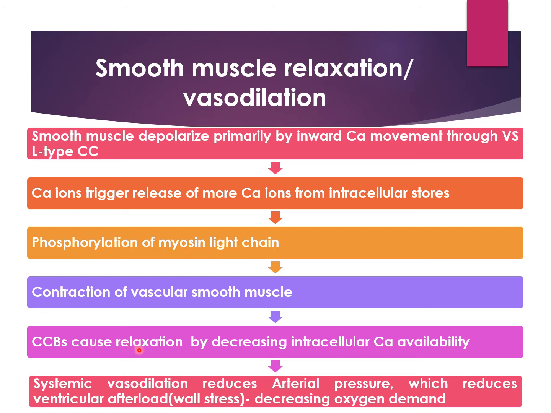Here the calcium channel blockers cause relaxation by decreasing the intracellular calcium availability. Because they block the calcium entry, intracellular calcium availability is reduced and that leads to relaxation. Systemic vasodilation reduces the arterial pressure, which reduces ventricular afterload.